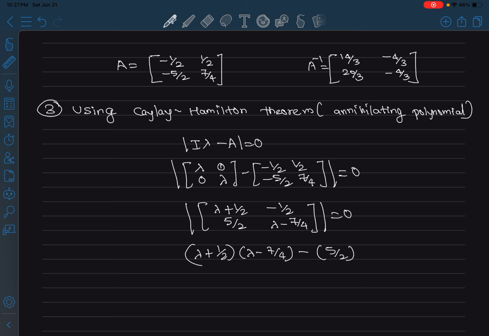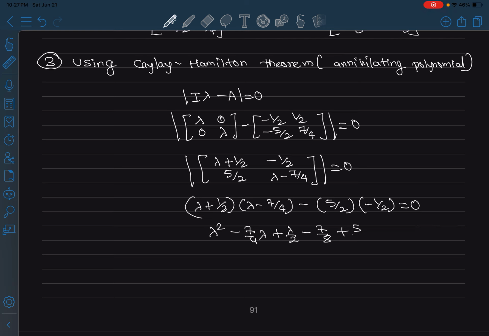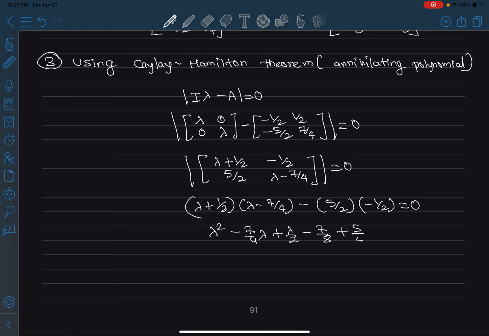Yeah, that's good. I'm sorry. So the polynomial becomes lambda square minus 7/4 lambda plus lambda/2 minus 7/8 plus 5/4 is equal to 0. Guys, why do I make so many mistakes these days?